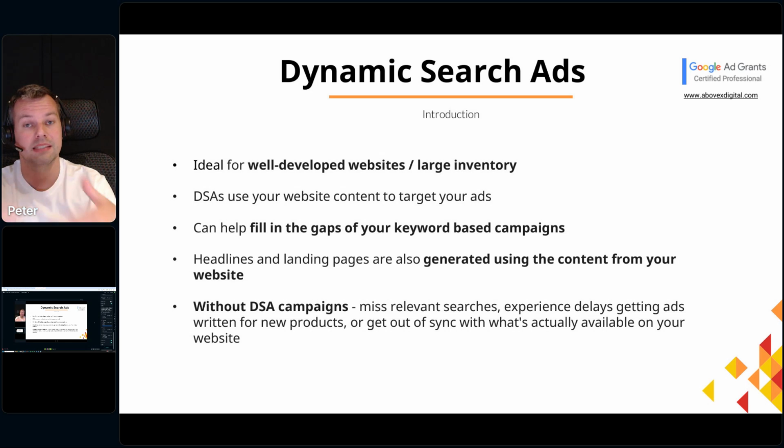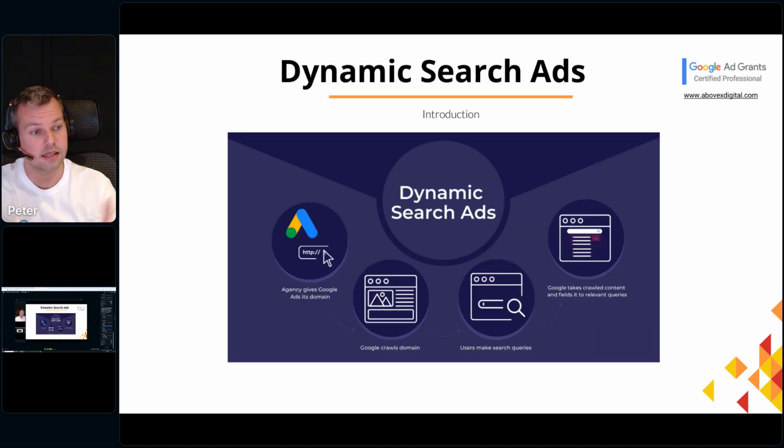That helps you maximize relevancy because the keywords that people search for are typically used automatically in the headline. You don't have to worry about that. If you have hundreds of pages, it might be difficult to use all the keywords in those headlines, but with this campaign type, you don't have to do that. All you need to do is create two description lines. You put them in, and then the headlines are created automatically.